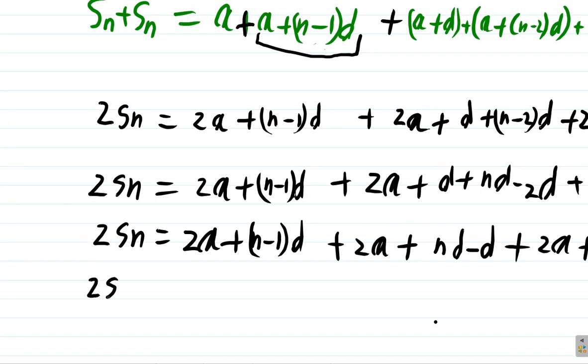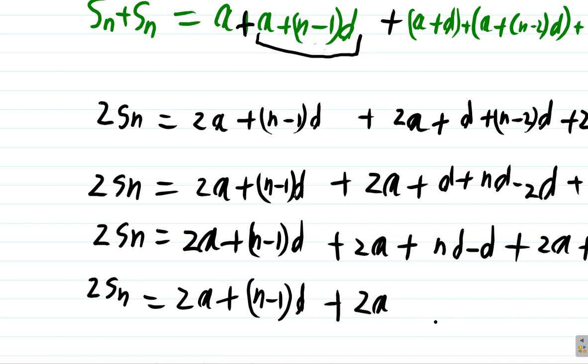So 2 times the sum of the first n terms equals 2a plus n minus 1 d plus, let's factorize. This is 2a plus, we factorize. d is the common factor here. Normally we would put d at the front, but let's put it over here. Remember, we factorize d: d times this is going to be nd, so it's n, minus d times this is going to be 1d, so it's 1.